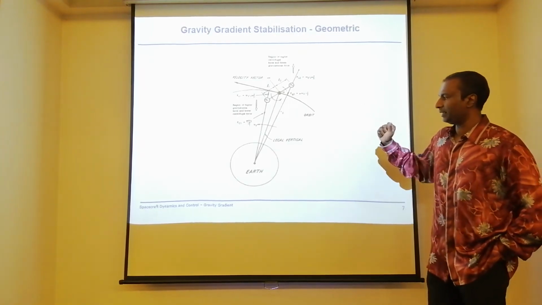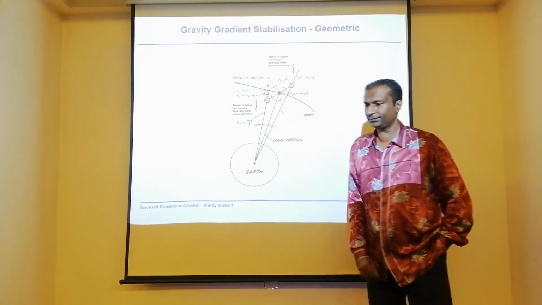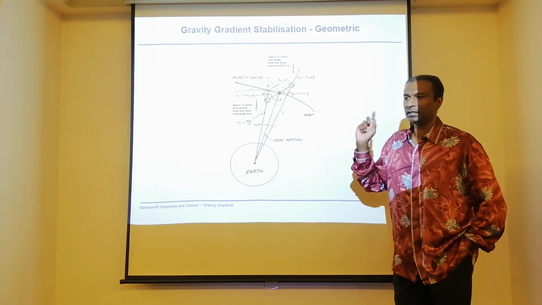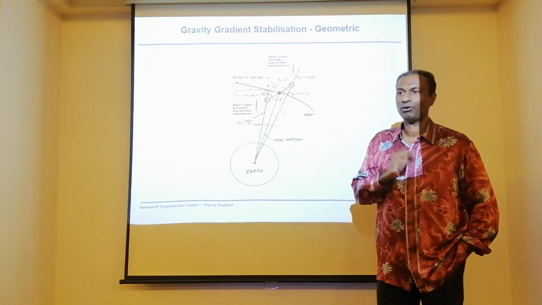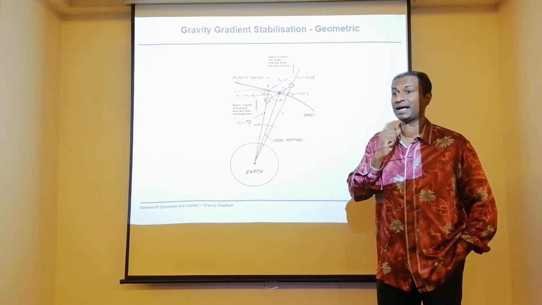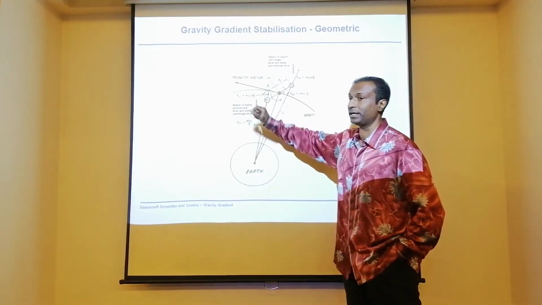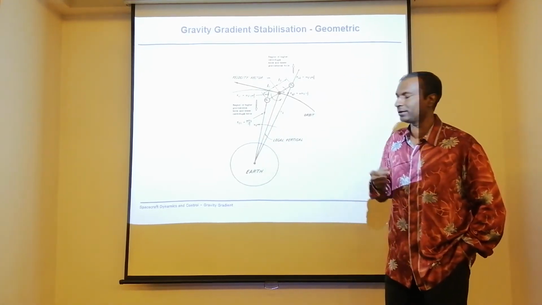Another important item is the centrifugal force. We know that when you are orbiting, you have centrifugal force, right? The faster you orbit, the higher your centrifugal force, because omega is higher and it goes into omega square.